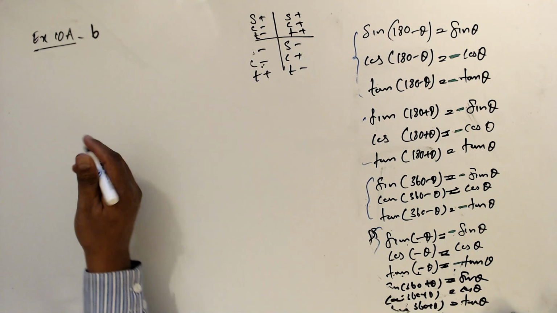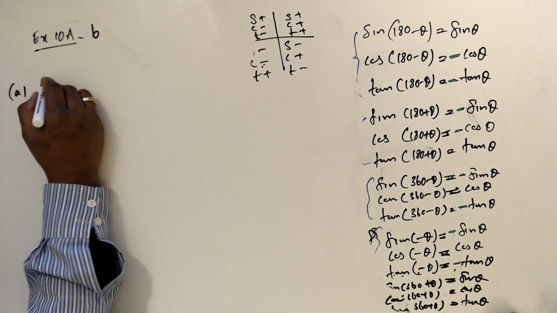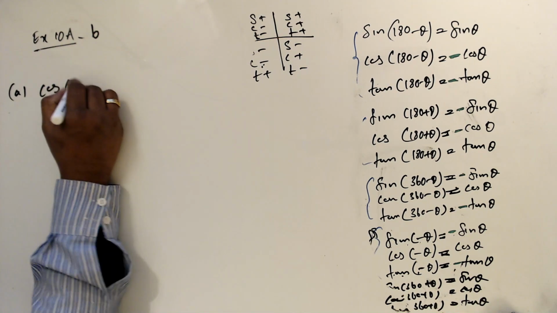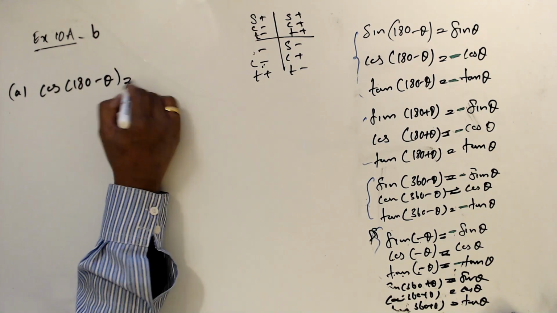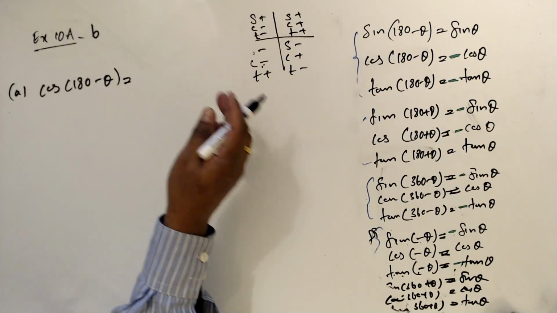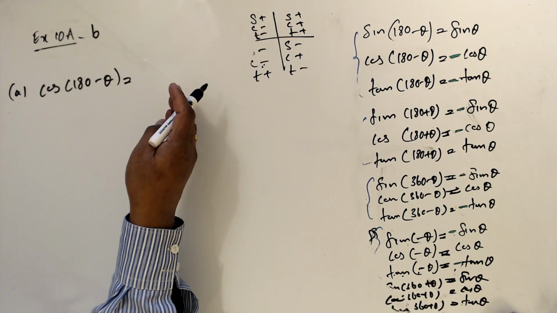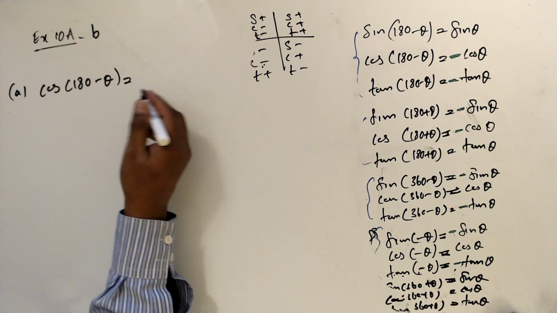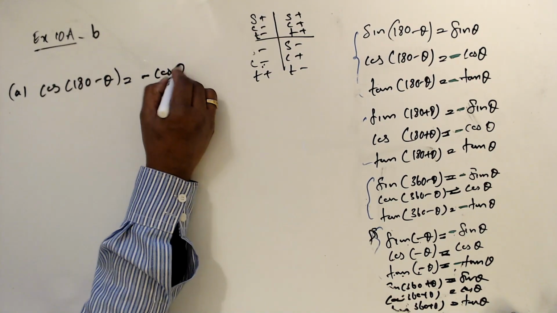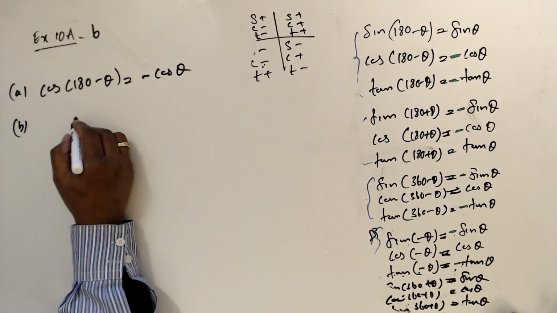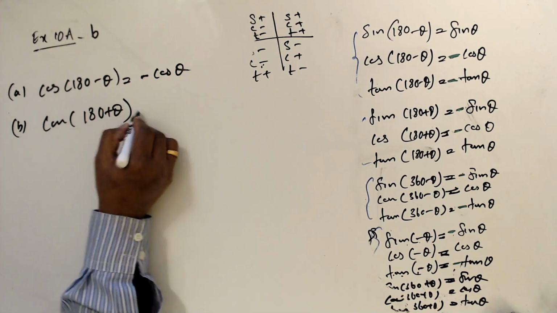Exercise 10, question number 6. A: cos 180 minus theta. We already discussed this one. Now you have to visualize 180 and go back theta, which is in which quadrant? Second quadrant. In the second quadrant cos is negative. So negative cos theta. B: cos 180 plus theta.